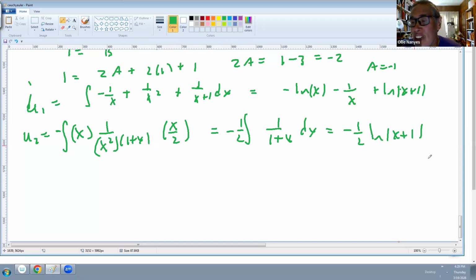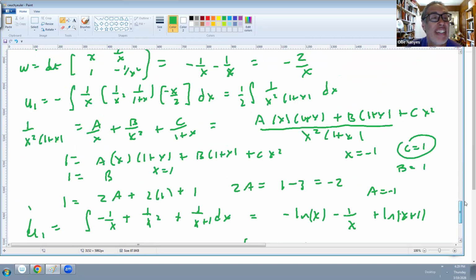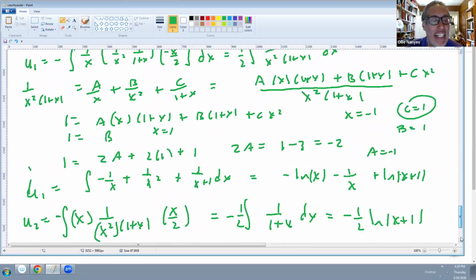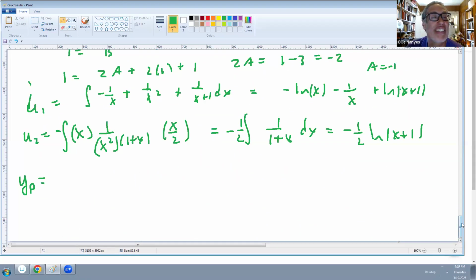So let's take a look at our final answer. Your yp is, what's u1? Now we can combine these two here. Looking up here, y1 is the x, and your u1 is this mess here.